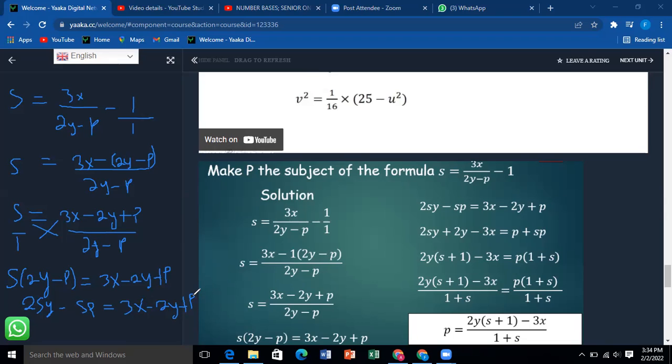So we can have this negative sp coming to the right hand side. So that would be 2sy equaling 3x minus 2y plus p, then plus sp.